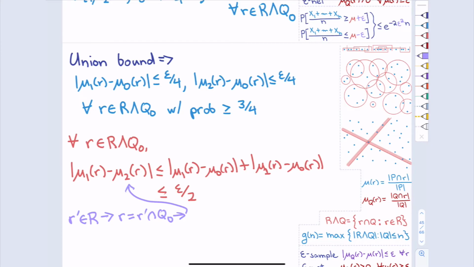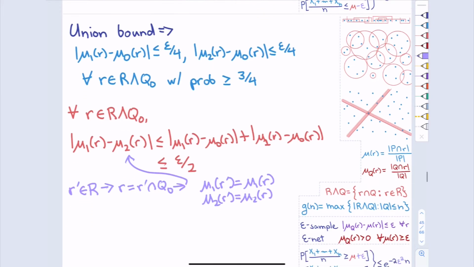Mu1 of R prime is the same as mu1 of R, because the only difference between R prime and R is that R prime is shrunk down to Q0 to get R before looking at mu1, which is an even smaller subset. So mu1 of R prime is equal to mu1 of R, and mu2 of R prime is equal to mu2 of R, because all we're doing is intersecting with Q0 before intersecting down to Q1 or Q2. Just subsets.